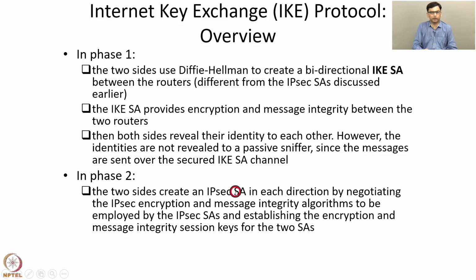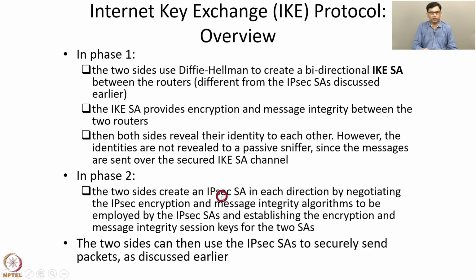The IPsec security association keys are changed periodically, because it's good security practice to periodically change the session keys. The two sides can then use the IPsec security associations to securely send packets, as we discussed earlier. In particular, they use the ESP protocol to securely transfer packets over the security associations.